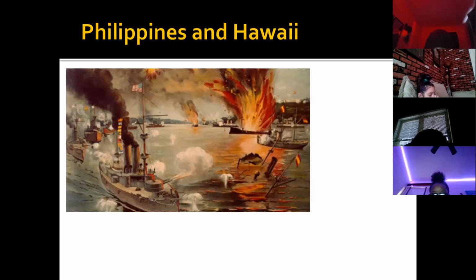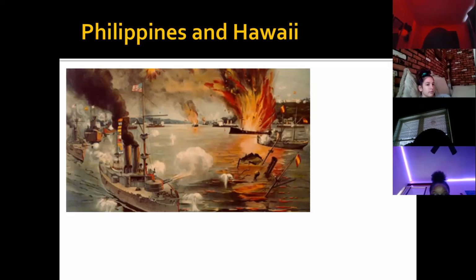Sorry, guys, I've got to start speeding up. And they got control of the Philippines by August. So through the Spanish-American War, they were able to get the Philippines and Cuba.